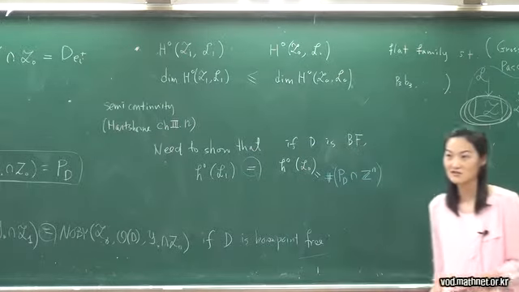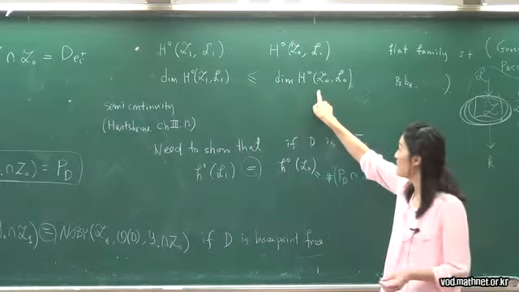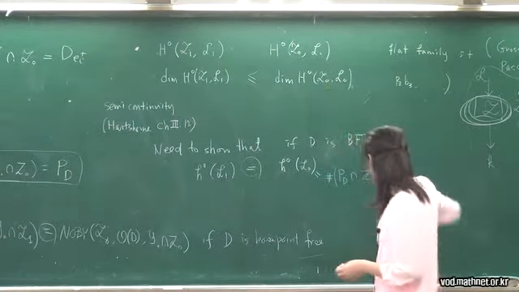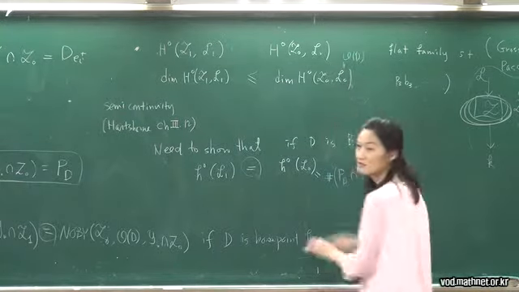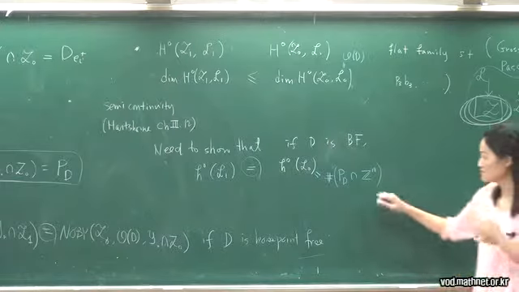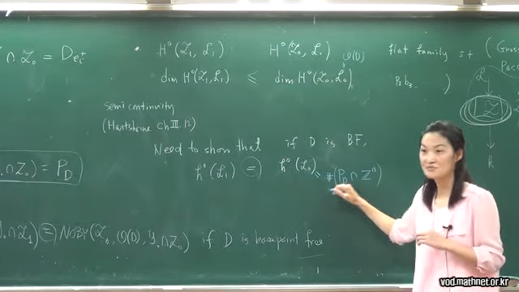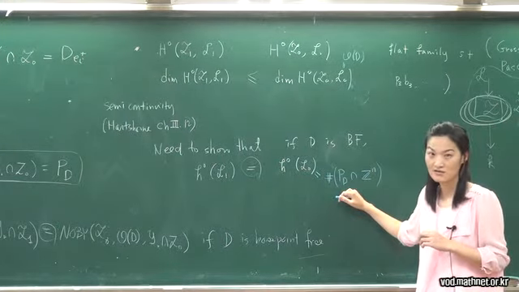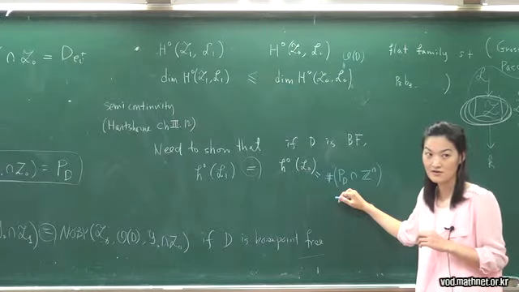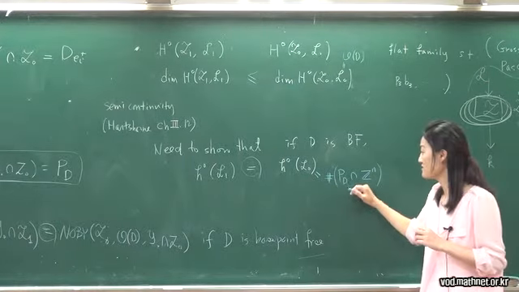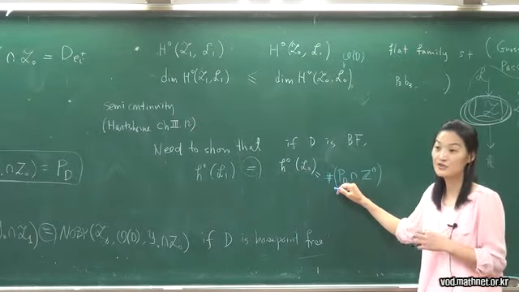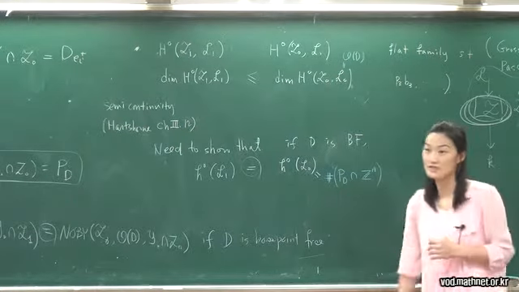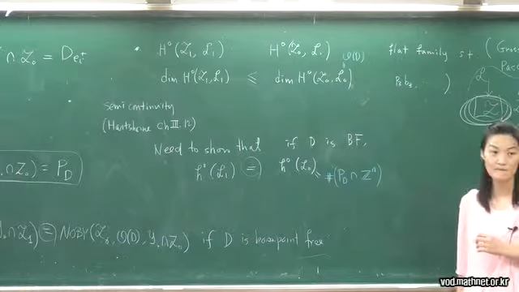General fact: the dimension of this O(D) is the same as the number of lattice points of the polytope. So that's one of the significances of this polytope, right? All the lattice points of this Newton polytope give you its basis.